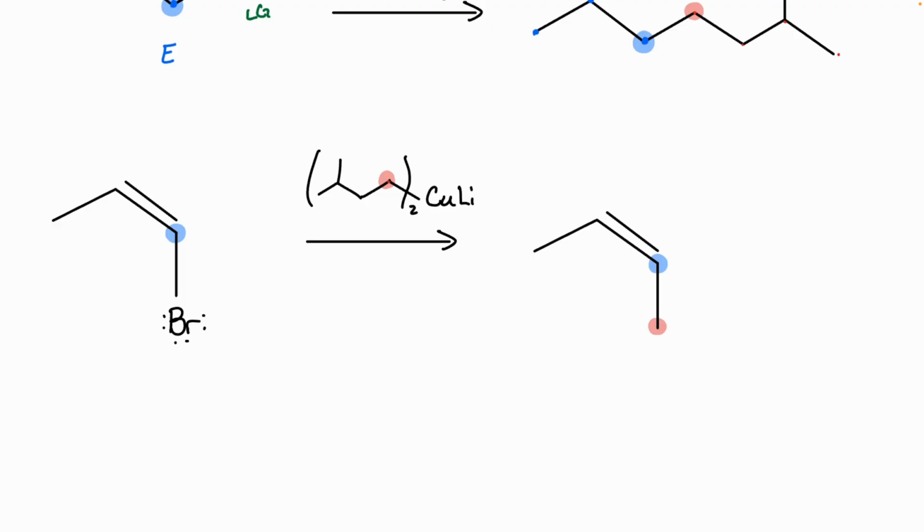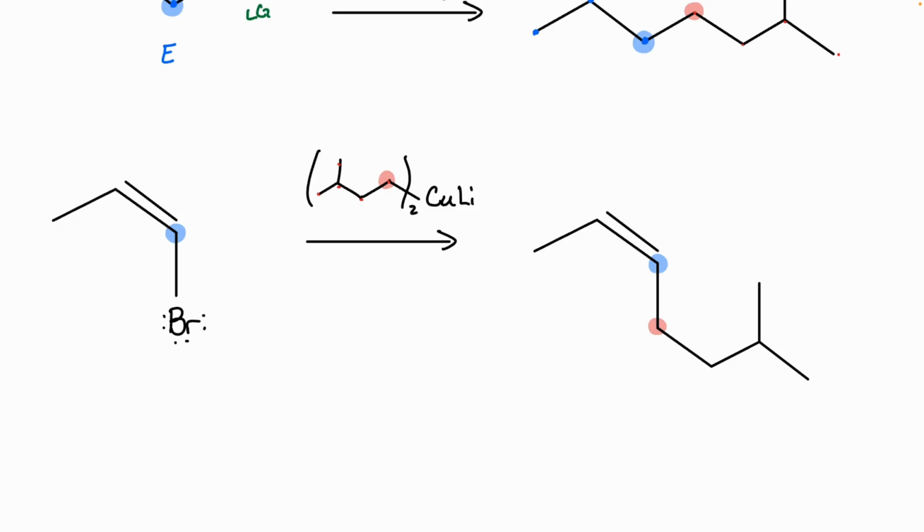Now I have to include those 1, 2, 3, 4, 5 carbons total. To be clear, you could have drawn your other carbons pointed in this direction. That'd be fine. The most important thing is this new carbon-carbon bond has to be pointed in the same direction as your carbon-halogen bond.